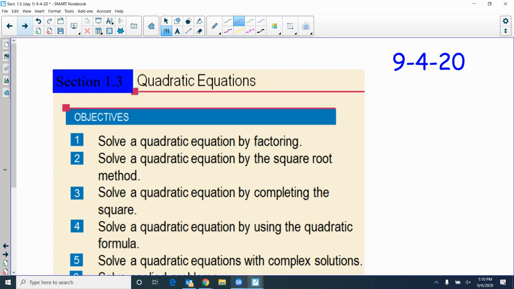We're going to solve quadratics. We're going to concentrate on factoring and completing the square.